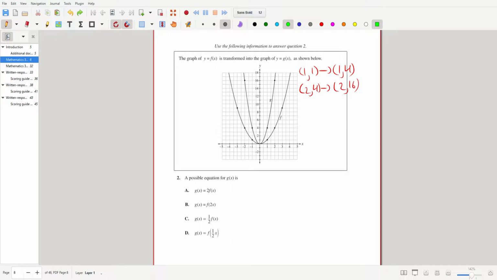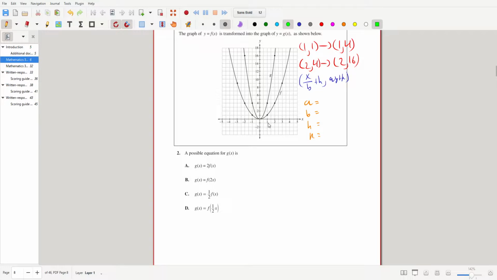Now we are going to use this form. You've seen this definitely, hopefully, before. And we're going to use a system of equations to solve for our a, b, h, and k. Let's get started.